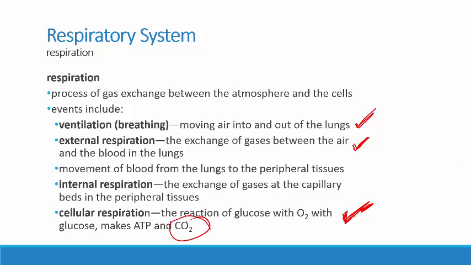And all of this, of course, is happening at the organelle. Think for a minute. You can pause your video if you like. It's in the mitochondria. So cellular respiration is when we burn glucose with oxygen in order to make ATP.